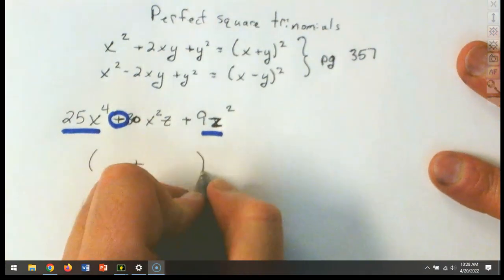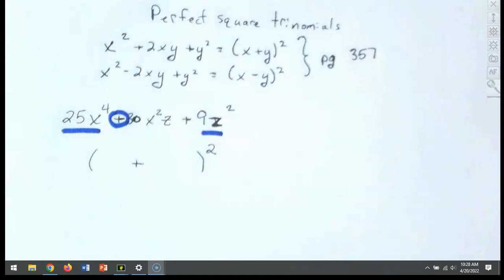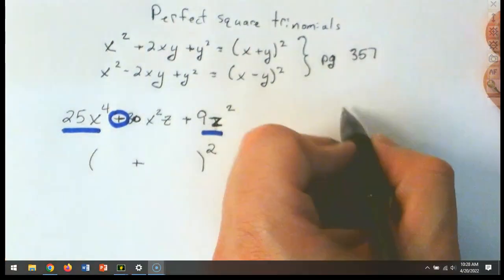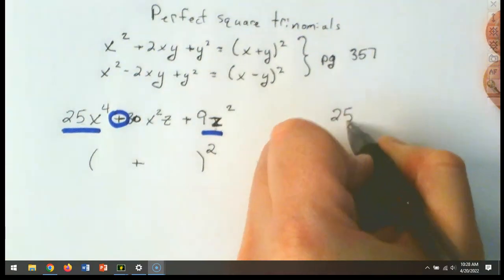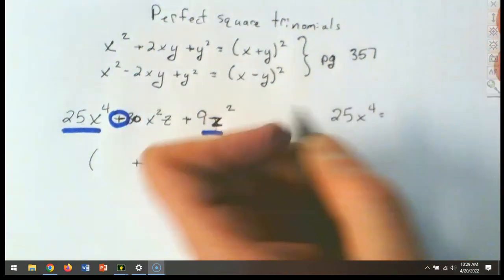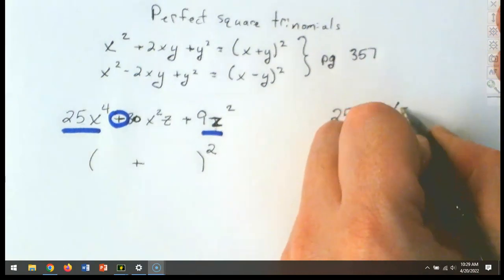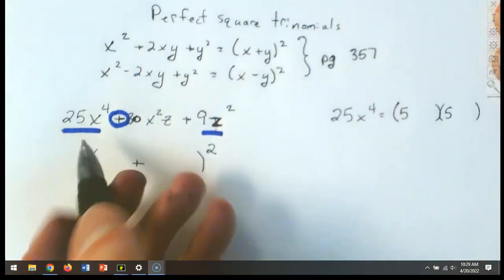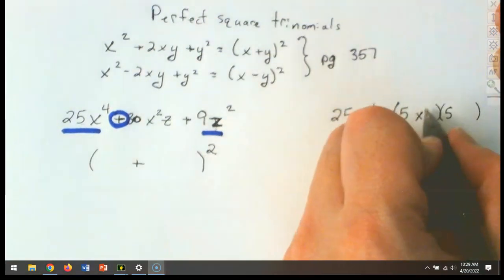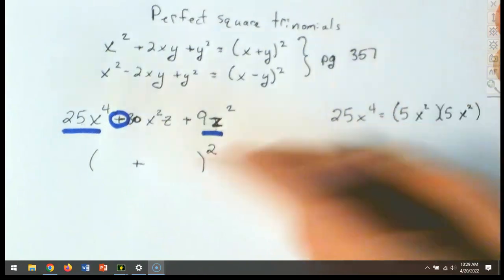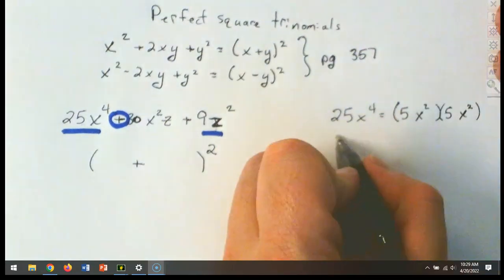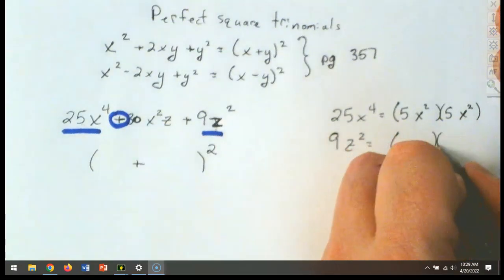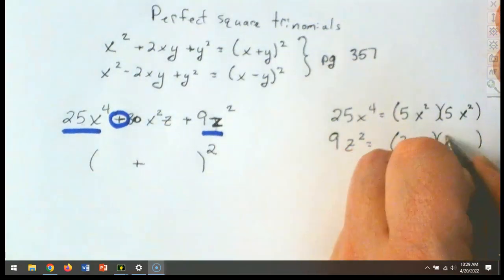Okay, so this is what's called a perfect square trinomial. Now let's figure out what's going to go inside of our perfect square trinomial. So the ends, they have to both be squared. And 25x to the 4th, well, 25 is a perfect square of 5 and 5, right? And x to the 4th splits up into x squared and x squared. And then we've got the 9z squared. Well, 9's a perfect square of 3 and 3.